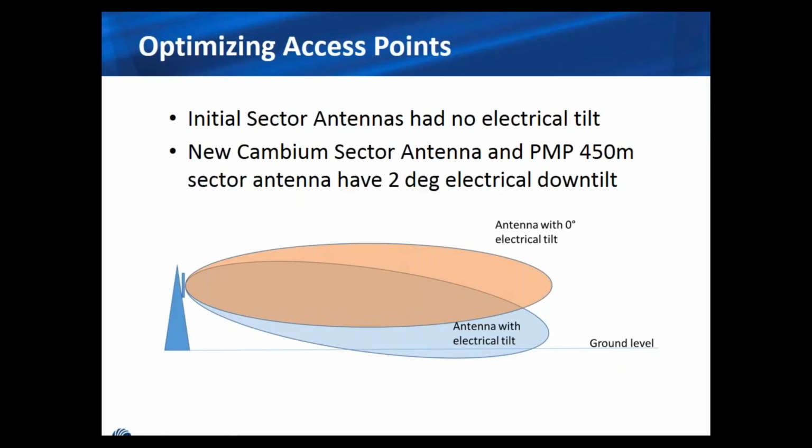The new Cambium sector antenna, which has been introduced for ePMP 1000, ePMP 2000 and PMP 450i, as well as the new PMP 450M sector antenna, have approximately 2-degree electrical down tilt.